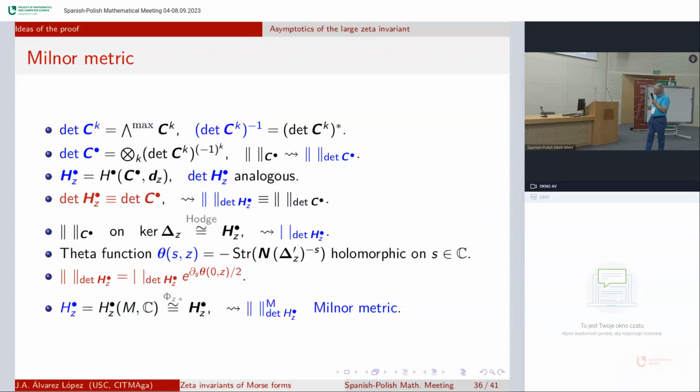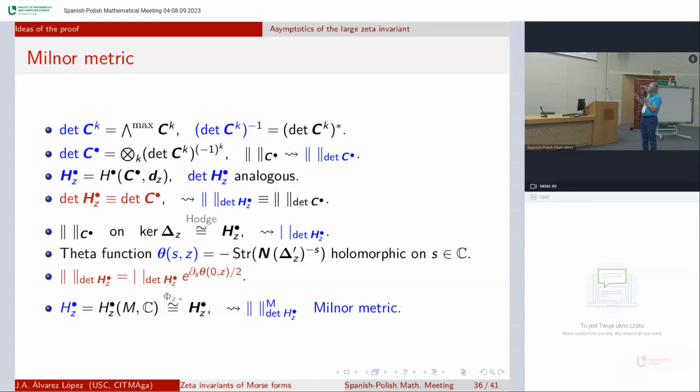And this is different. Indeed, they are related by the theta function defined in the same way as before for this Morse complex.